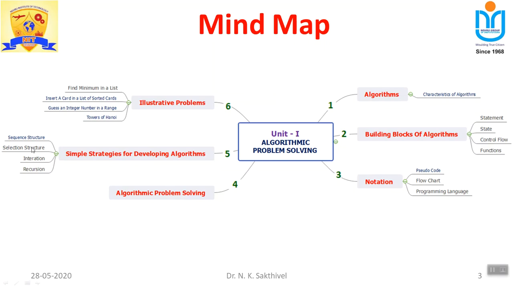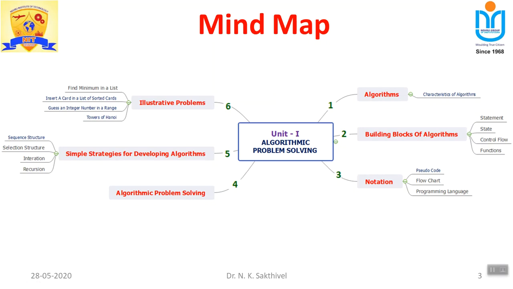Here we focus on the sequence structure, selection structure, iteration, and recursion. These 4 topics are very important to analyze the efficiency of any algorithm.